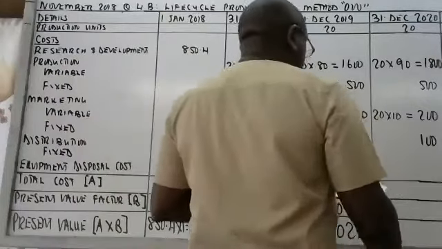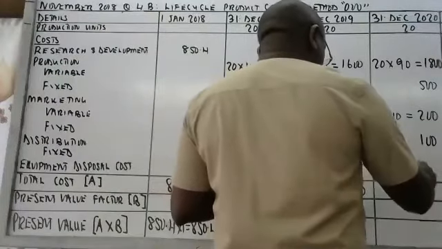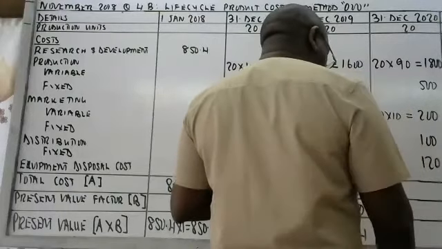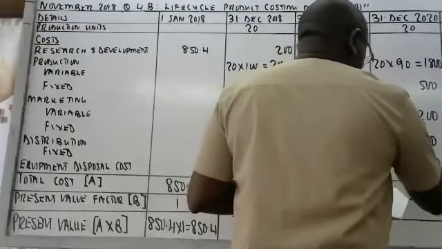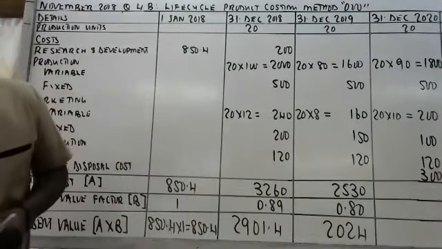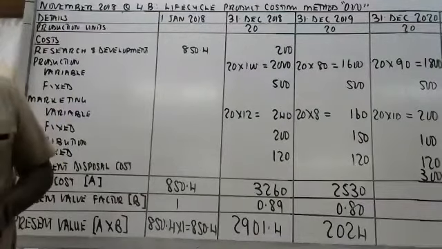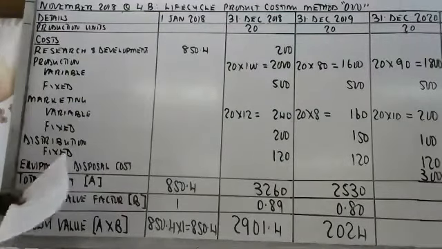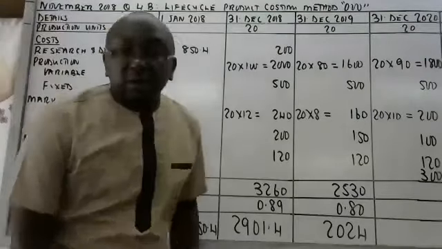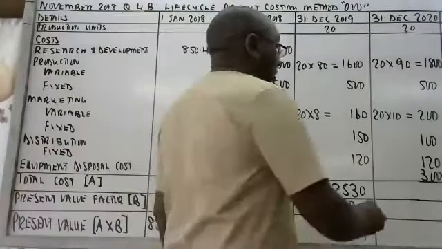And then this other one is 120. And the disposal is 300. So give me that total.